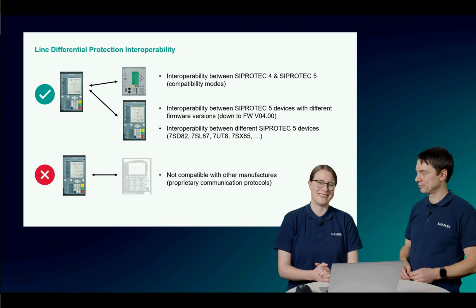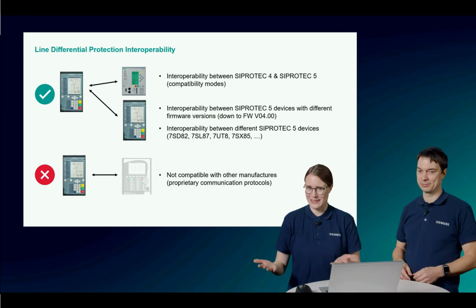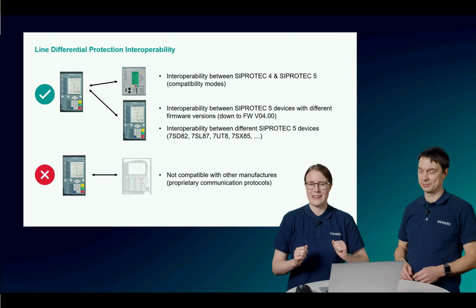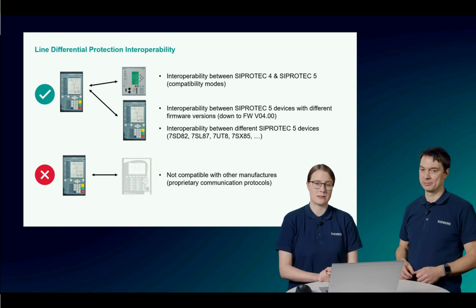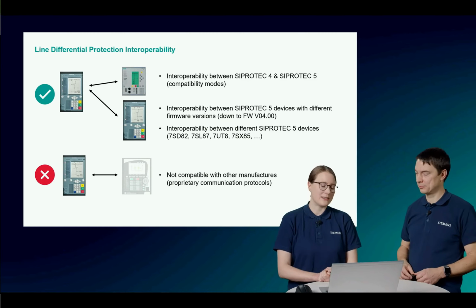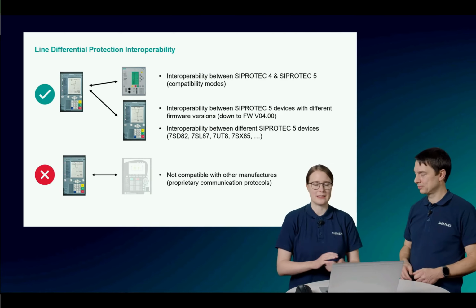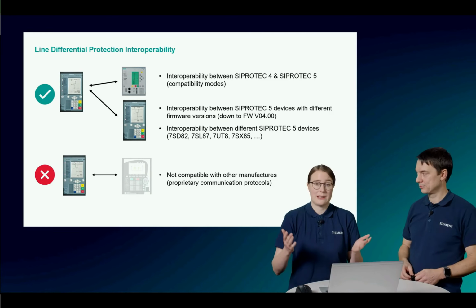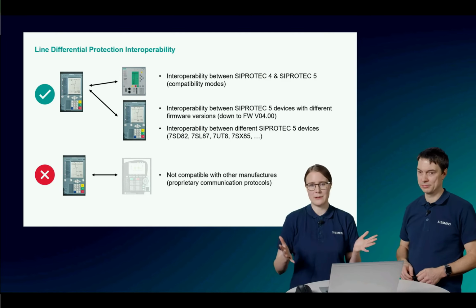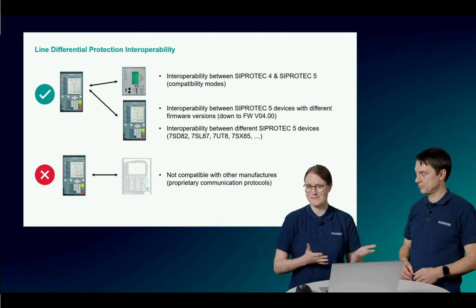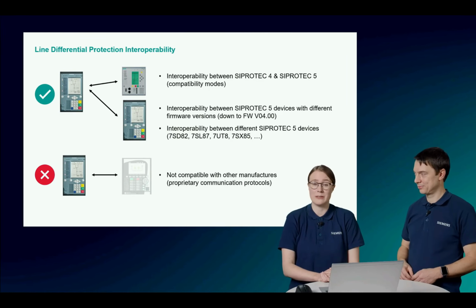And ZProtect 5 devices can work together with other ZProtect 5 devices, and there is also no problem if they have different firmware versions. It is also possible with different device types. For example, a 7ST82 can make a line differential protection together with a 7UT. So within the Siemens protection world, all devices can work together if you consider some boundary conditions.